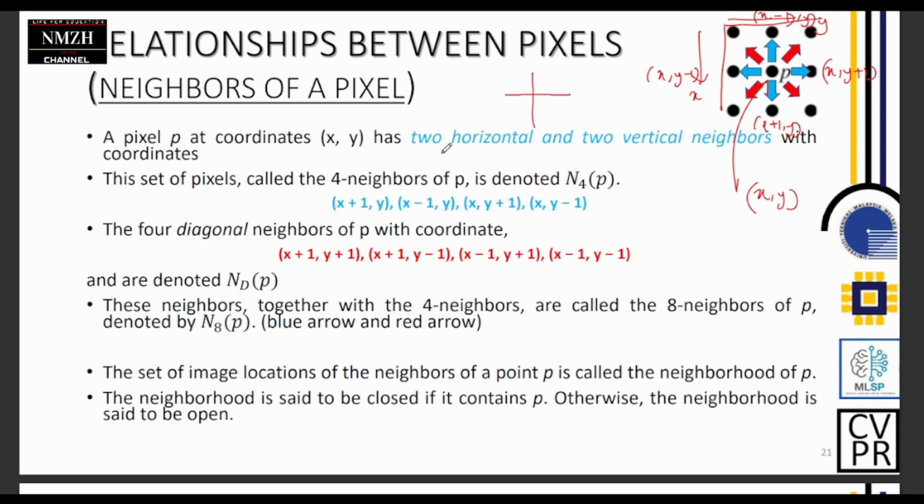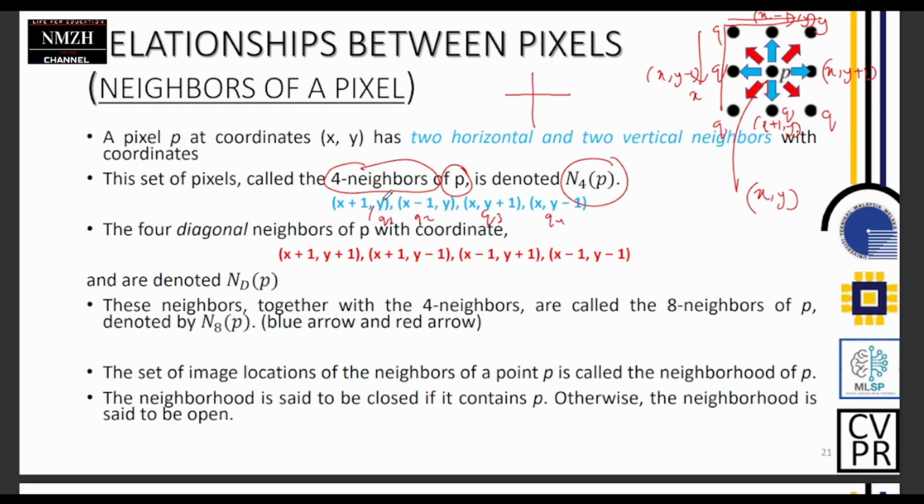Two horizontal and two vertical neighbors with coordinates, what we call the 4 neighbors of P. P is the center, and the surrounding pixels we call Q. So N4(P) is a set of the Q centered by P. Let's say this is Q1, Q2, Q3, and Q4.